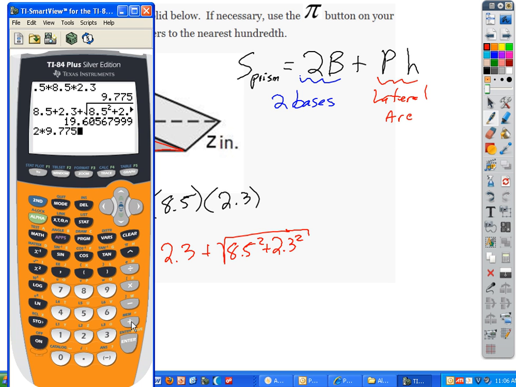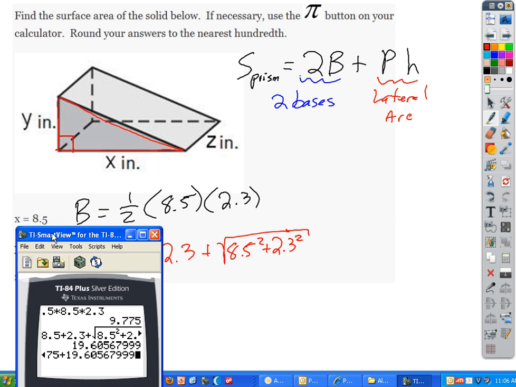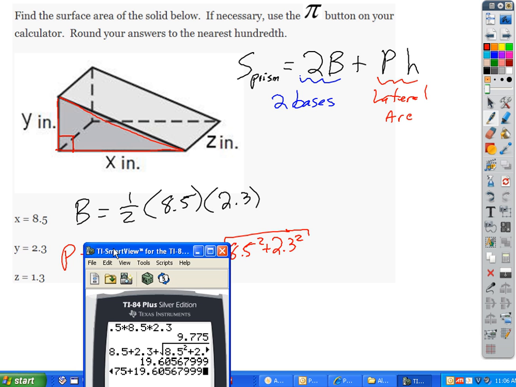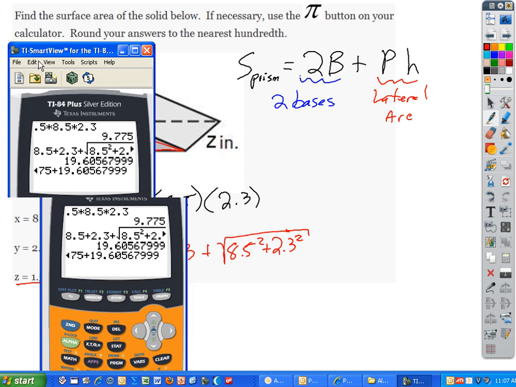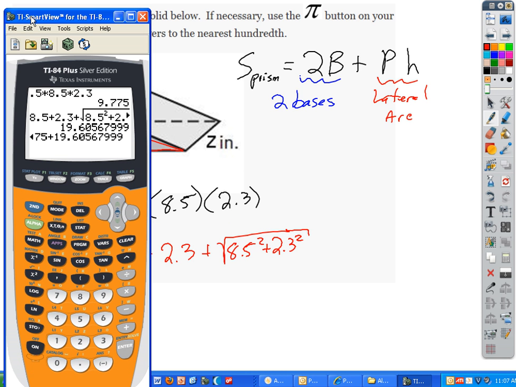Now, which of those dimensions is the height of the prism? Z, okay, and Z is 1.3, right there. So we'll multiply the perimeter times 1.3, and we got it. Okay, there's our surface area. Make sense? Okay, no big deal.